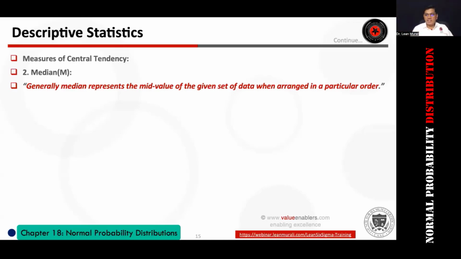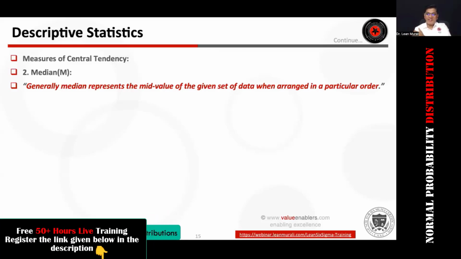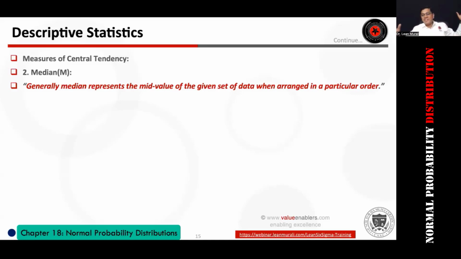Now the question is, if there are 7 guys, what is the middle number? The fourth guy. 7 guys is not 3.5. If there are 7 people standing, the fourth guy is the middle guy because in front of him are 3 people, and behind him are 3 people.